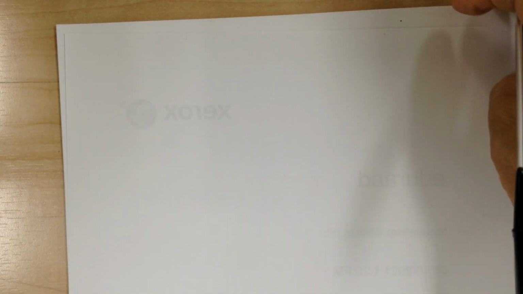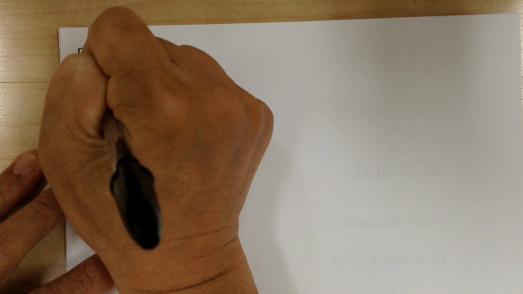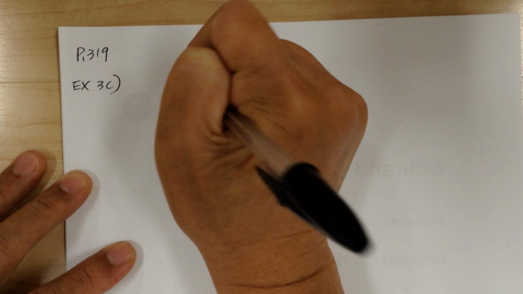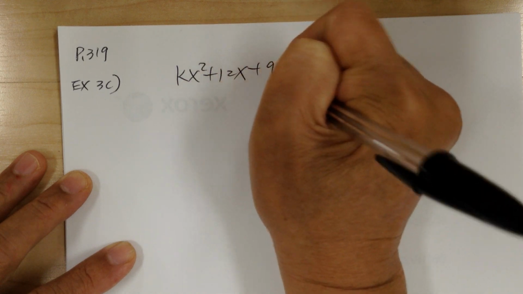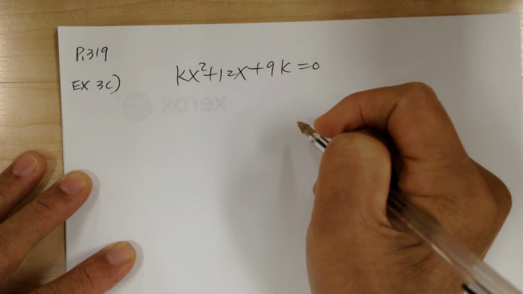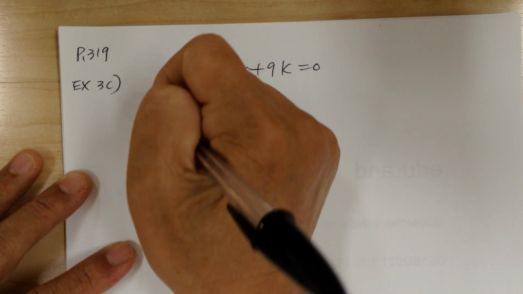Again, a different situation. So again, you have this equation, kx squared plus 12x plus 9k equal to 0. And this time, for part C, you're looking for imaginary roots.